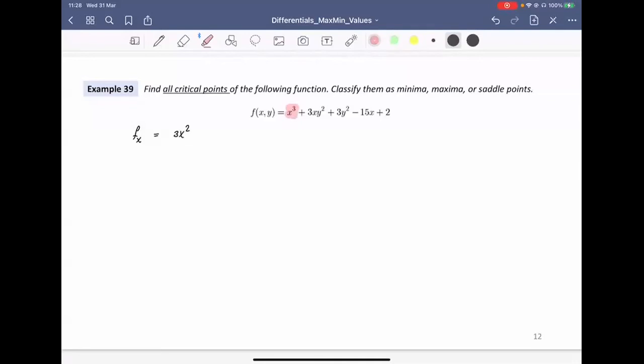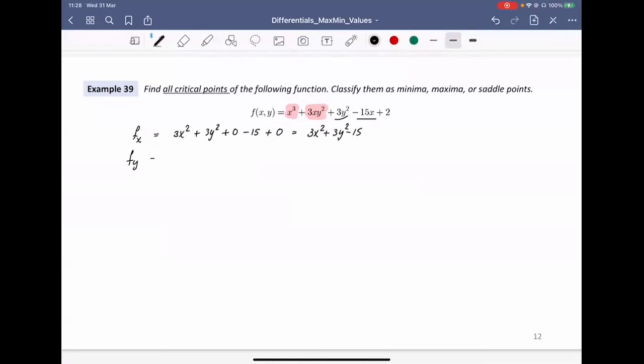X cubed gives 3x squared, and then 3xy squared I differentiate with respect to x, so I have 3y squared. And 3y squared here, no x, I get 0. Here I have negative 15x, so negative 15, then plus 0. All right, that is my partial derivative with respect to x.